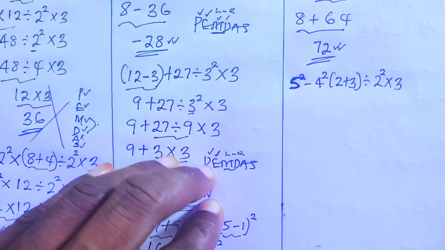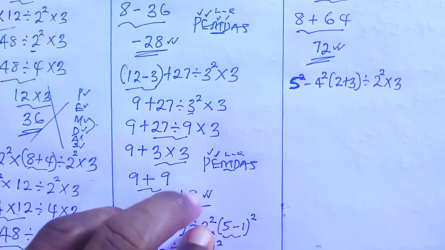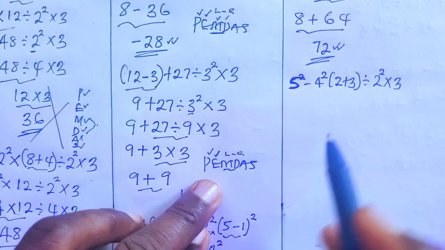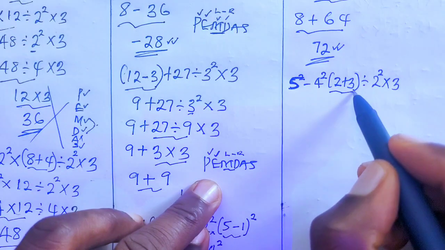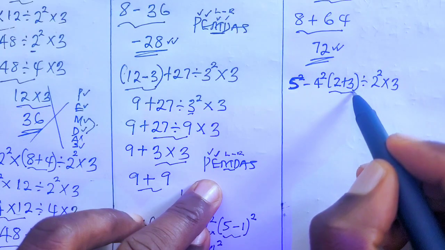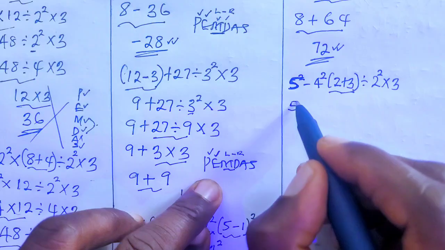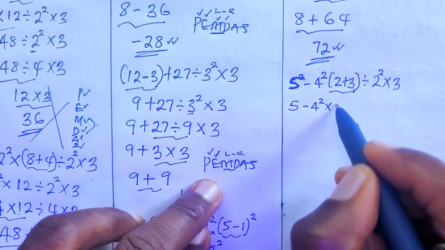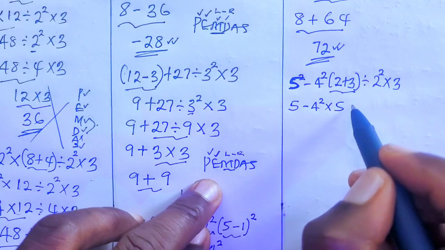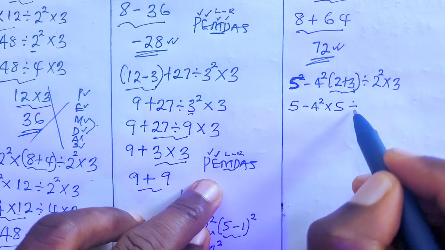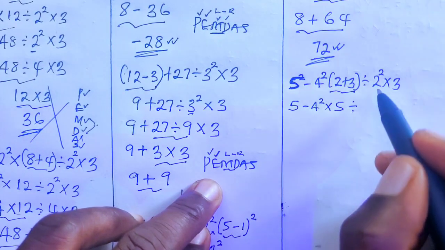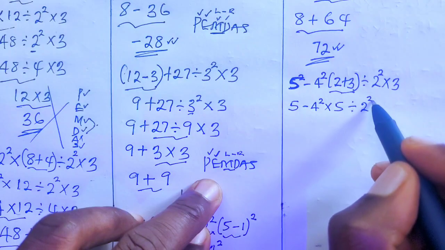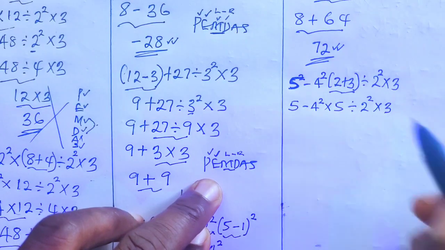Now first, still following the order of operation, this PEMDAS rule here, we have parentheses here. We need to first of all consider the parentheses. Now the expression becomes 5 minus 4 to the power of 2 multiplied by 5, 2 plus 3, that gives us 5, then divided by 2 to the power of 2 multiplied by 3.